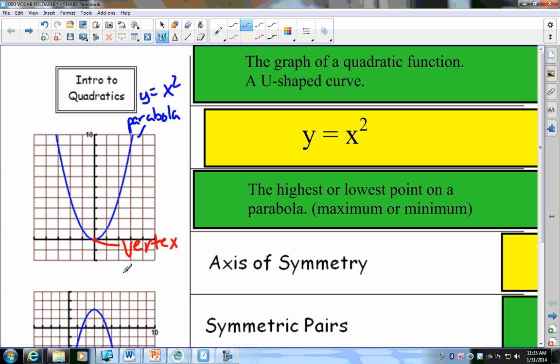So if it's at the bottom, in this case, it's a minimum. Now, another way that we talk about the vertex that you need to add in there is that it's the point where the parabola changes direction.